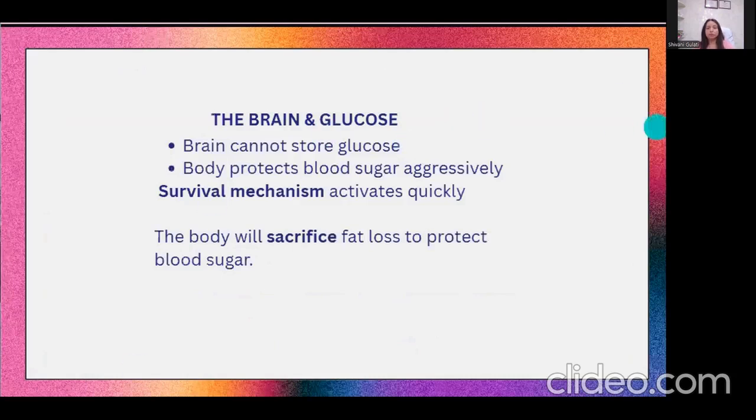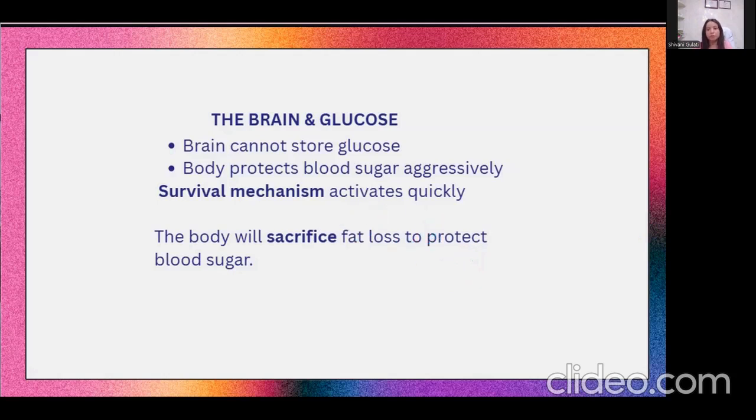Okay. So the brain cannot store glucose, as we've just understood, unlike muscles and the liver, which work as a reserve tank. It needs a steady supply of glucose from the bloodstream to function properly. Because the brain is such a vital organ, the body protects blood sugar very aggressively.